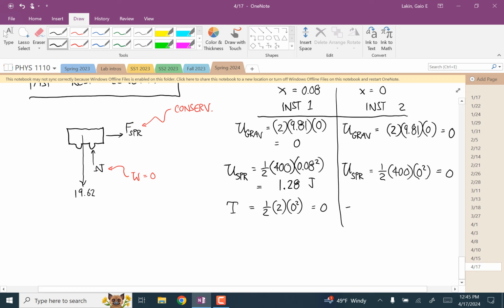And then the kinetic energy is equal to 1/2 times the mass times the speed squared that we're trying to calculate. That just comes out to be v squared.